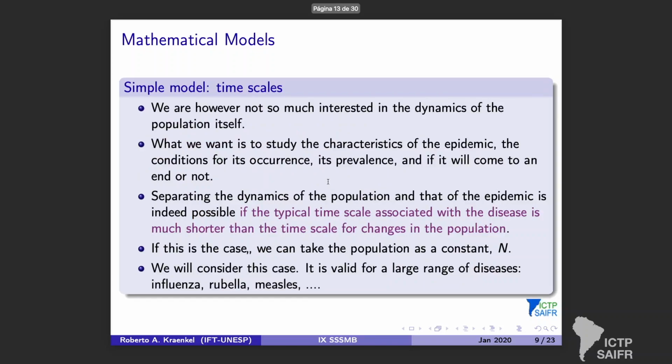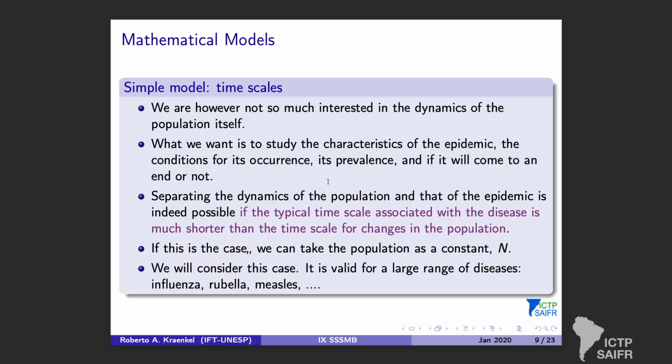So, next step. We are not interested in the demographic dynamics of the population. We want to study the epidemics in a given population, the conditions for occurrence, prevalence, and so on.